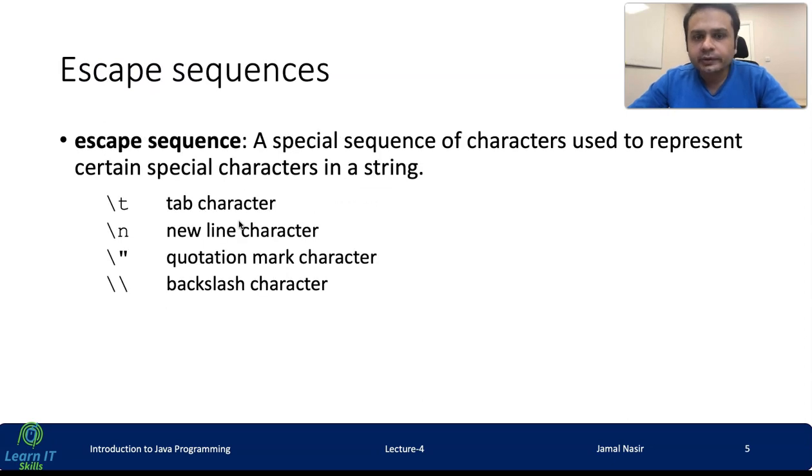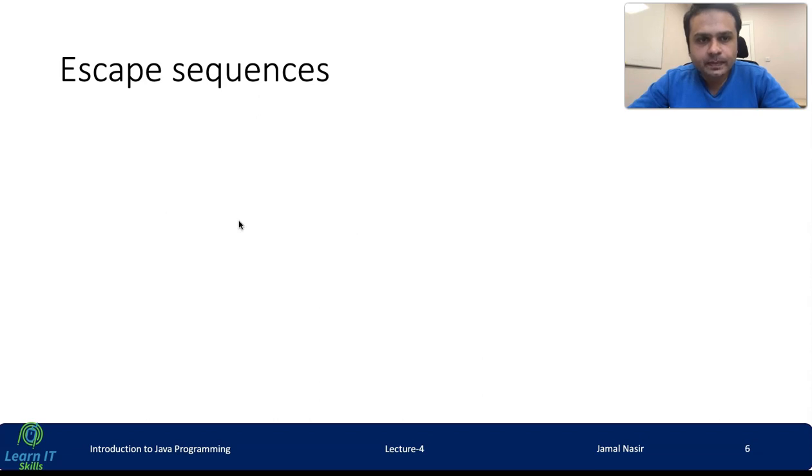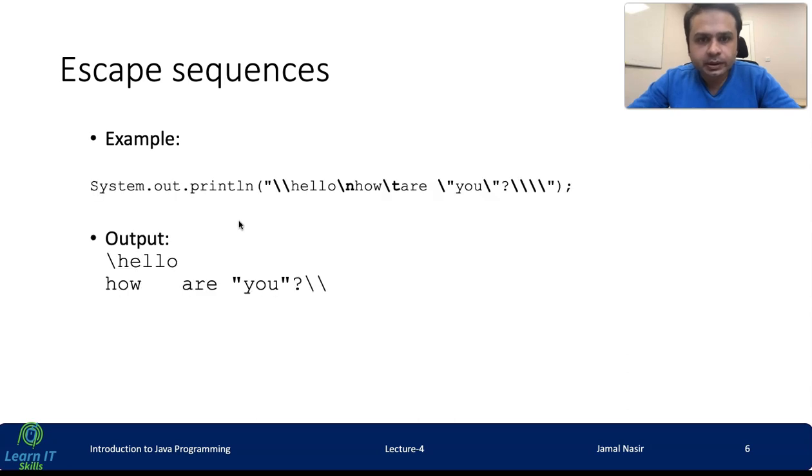We also discussed escape sequences, \t, \n for a new line character, and we can add escape characters for adding a quotation mark in our string, or even add an extra backslash to print one backslash. So this is the example: if we want to print, we can simply provide escape sequences.